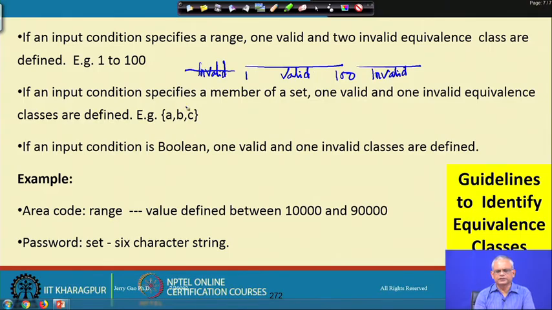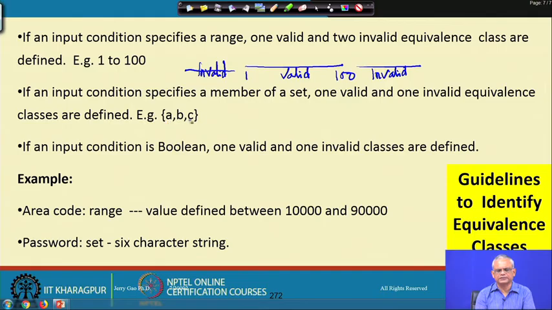If the input is a set of data, like let us say A, B, C, these are all valid data, the system will respond to this. But then we have invalid data which are not part of this set. Anything that is not part of this set is an invalid equivalence class.